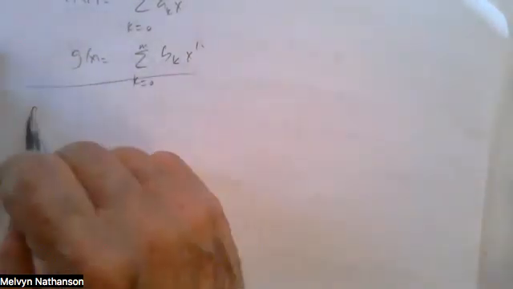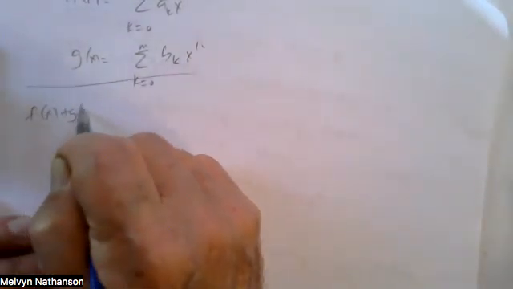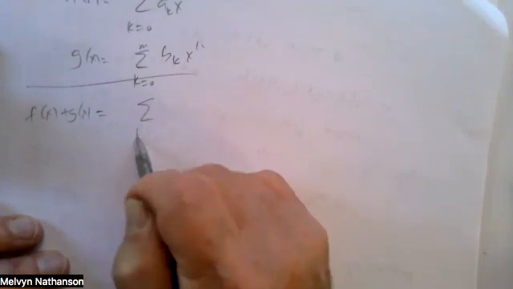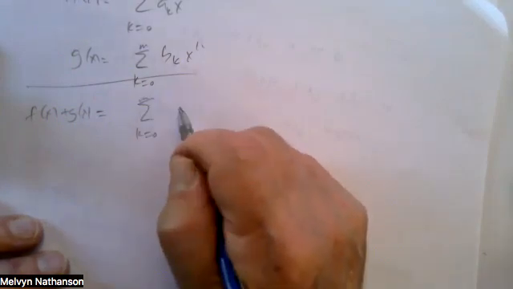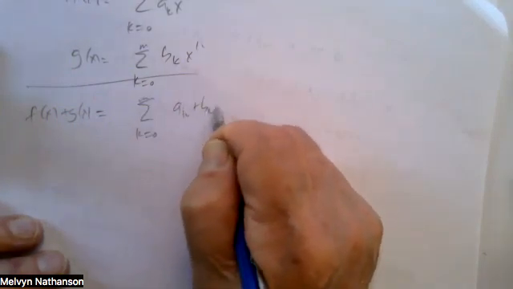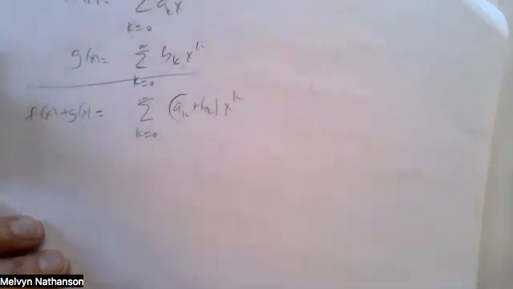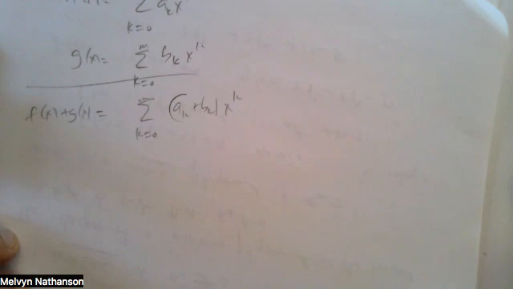When you add them, you just add term by term. You get the summation k goes from 0 to m of a_k plus b_k times x to the k. That's your sum.